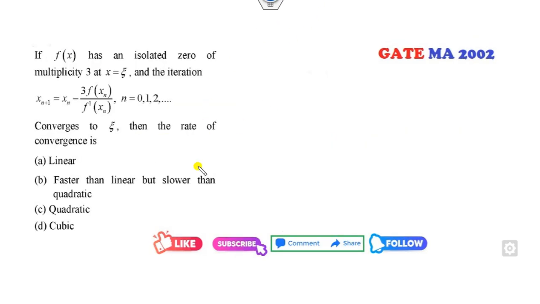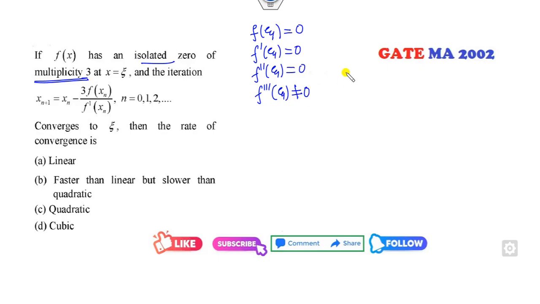Look at this another one. f has an isolated 0 of multiplicity 3. It means xi is a root with multiplicity 3. The first derivative is 0, the second derivative is 0, fine, and the third derivative is non-zero. So what is the meaning of that? m is 3, which is greater than 1. So the order of convergence is linear.